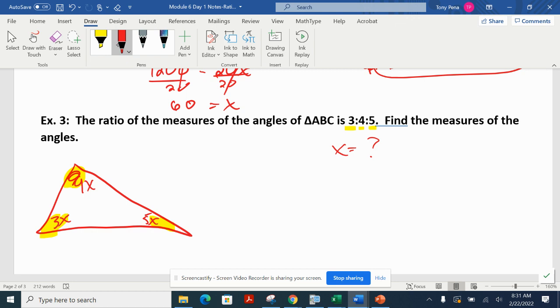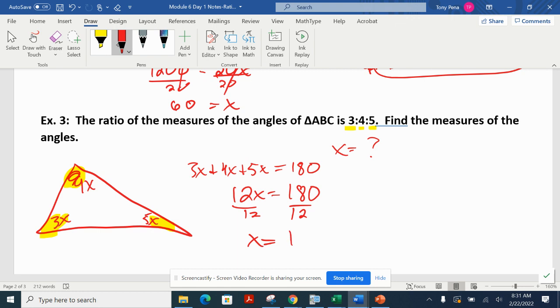Add all these up. 3x, 4x, and 5x have to add up to be 180 degrees because they're the angles of our triangle. Gives us 12x. Divide by 12. 15.